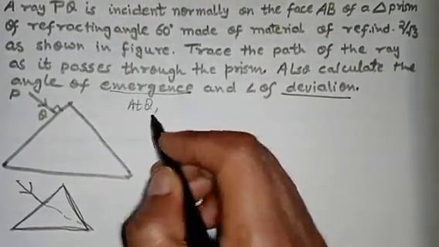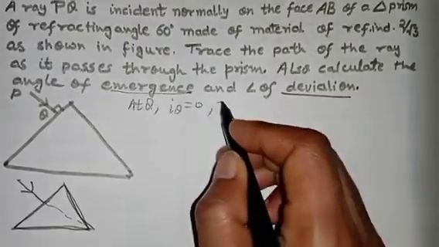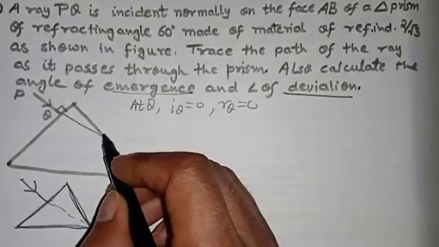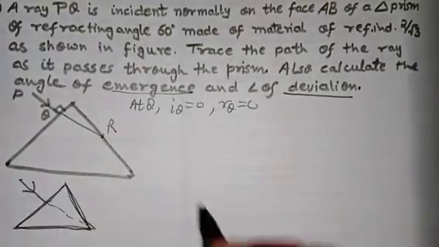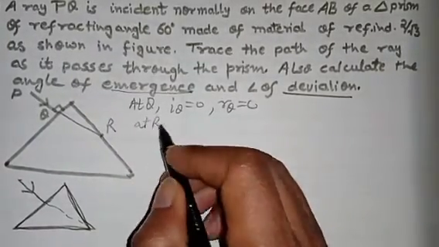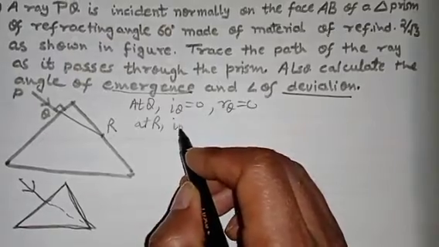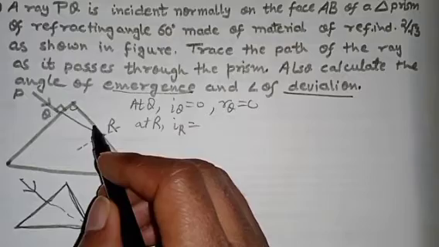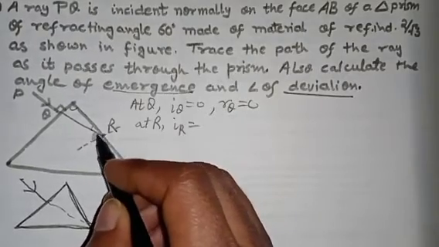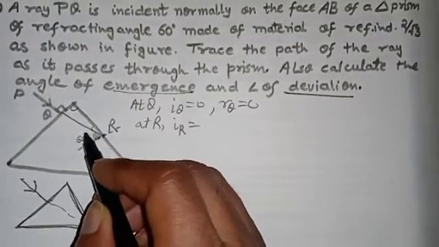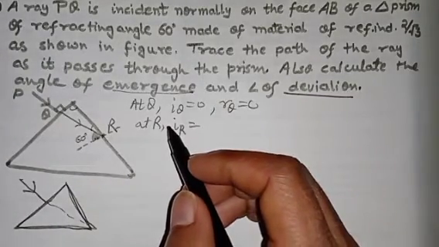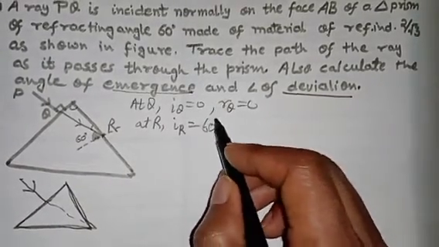At Q, iq equals 0, so rq will also be 0. It will pass straight, and here I am marking point R. At R, ir equals, let's see. This is 60 degrees, this is 30 degrees, this is again 60 degrees. So ir is 60 degrees.